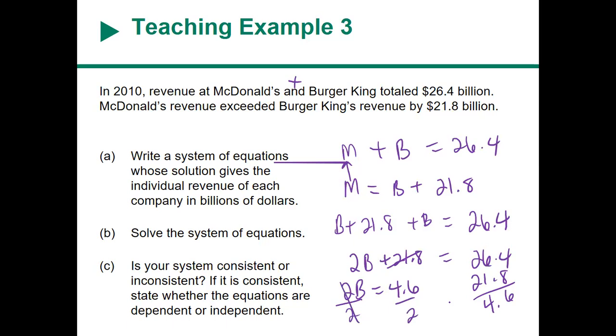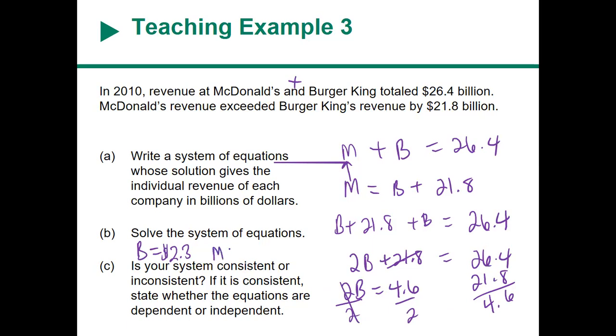So Burger King's revenue was 2.3. Out of that, Burger King's revenue is only $2.3 billion. That's like, oh dang, Burger King, why are you still in business? I mean, it's billions, so that's probably why they're still in business. I personally keep Burger King in business. I like Burger King.